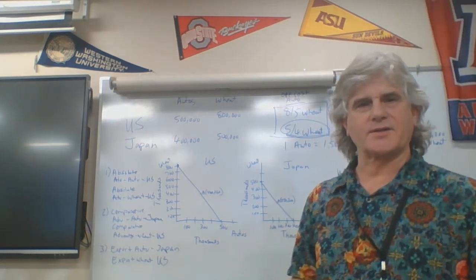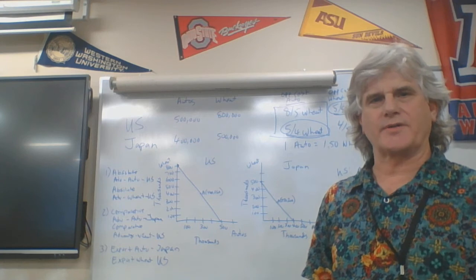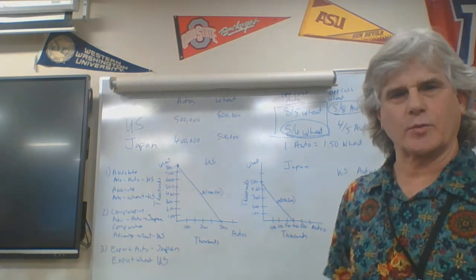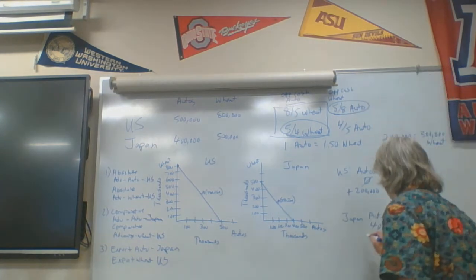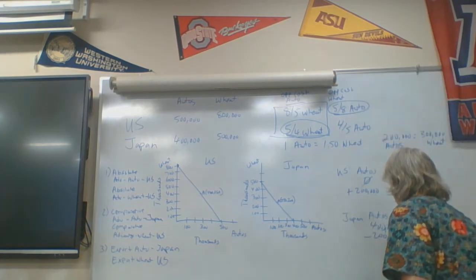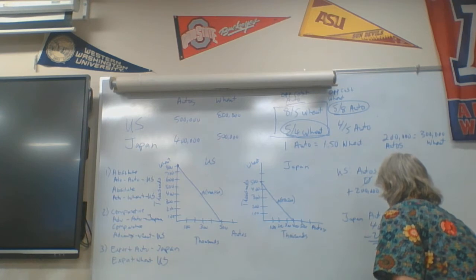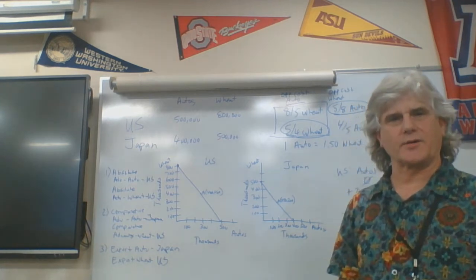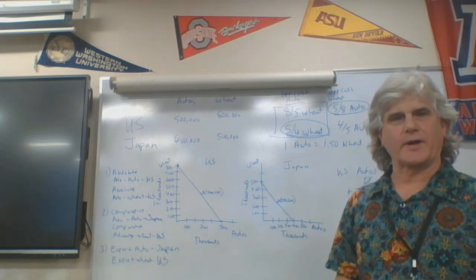So the United States is going to end up in this trade with 200,000 autos, and they're going to end up with 500,000 wheat. Japan is going to end up with 200,000 autos after the trade, but they're going to get 300,000 wheat.